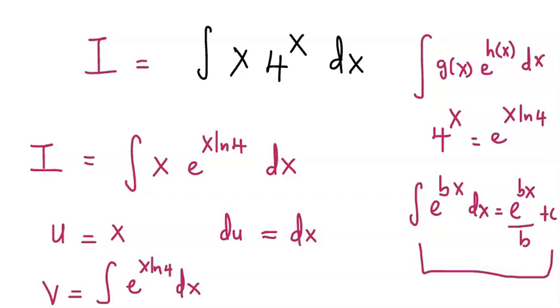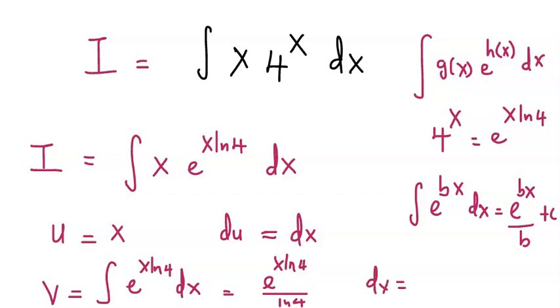So you can see now we can make use of this formula, right? So this will give us e raised to the power of x multiplied by the ln of 4 divided by the ln of 4, right? So the derivative will be the reverse order, which is e raised to the power of x ln of 4, right? Then dx. Okay.